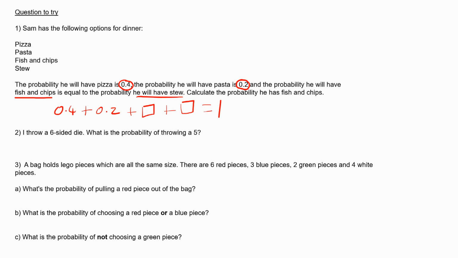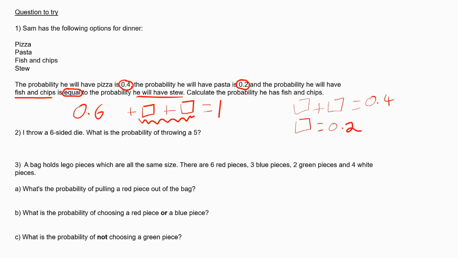Now 0.4 plus 0.2 is 0.6. So that means that the probabilities that I don't know will add up to 0.4, because 0.6 plus 0.4 is 1. So I've got 2 unknown probabilities adding up to 0.4, and I also know that they are equal, they're the same. So that means one of the probabilities must be half of 0.4, which is 0.2, and that's the same as the probability that he has fish and chips.